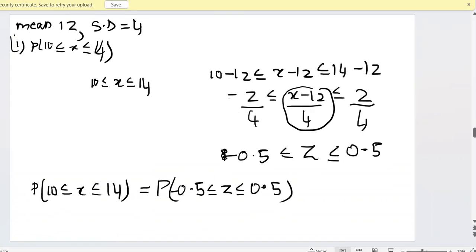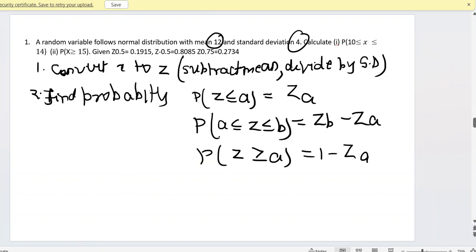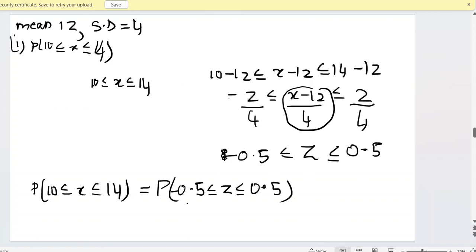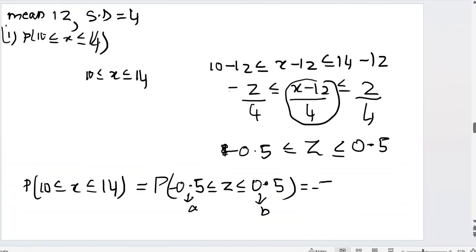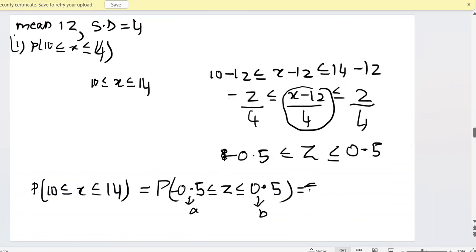Now we have to use a formula. This resembles P of z lying between a and b, which is nothing but ZB minus ZA. So this is z of 0.5 minus z of minus 0.5.